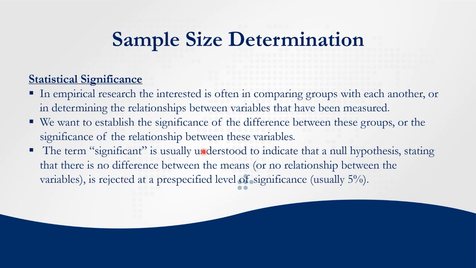Significant is with reference to the null hypothesis, which says there is no difference between the means, or there is no relationship between the variables. So we usually reject the null hypothesis using the cutoff point of 5% or 0.05.